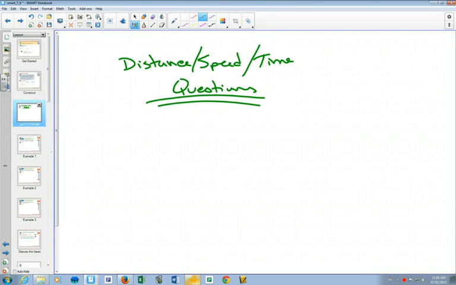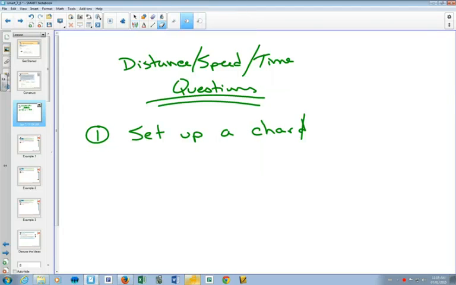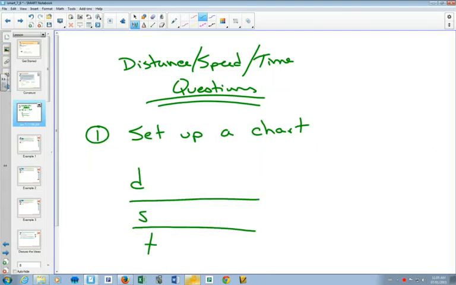What we're always going to do that's really going to help us, and we did this in 7.5, is we're going to set up a chart. Where you put distance, speed, time, and depending on what information you have, it's going to look something like this.